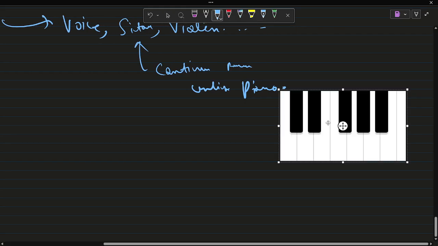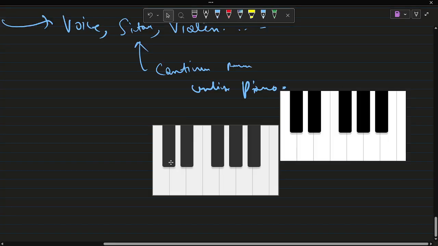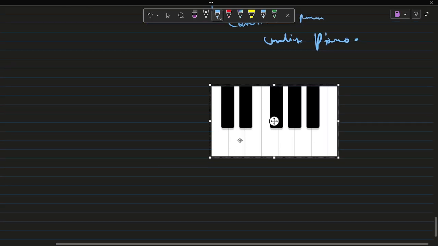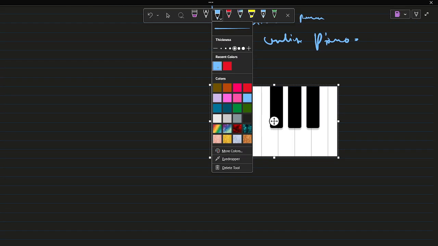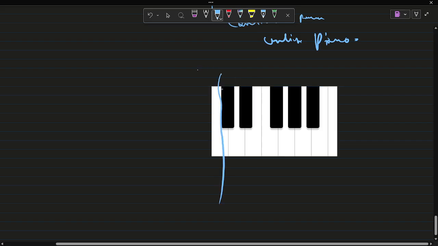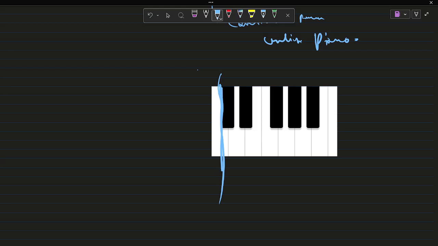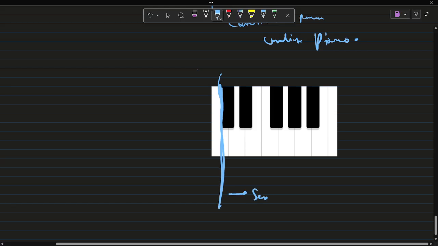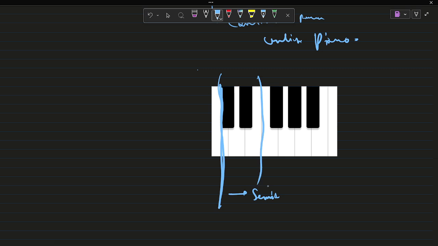So here, this is your piano, and here the frequencies are discrete. So the smallest distance is the semitone interval. The semitone interval is the smallest distance between two adjacent notes.